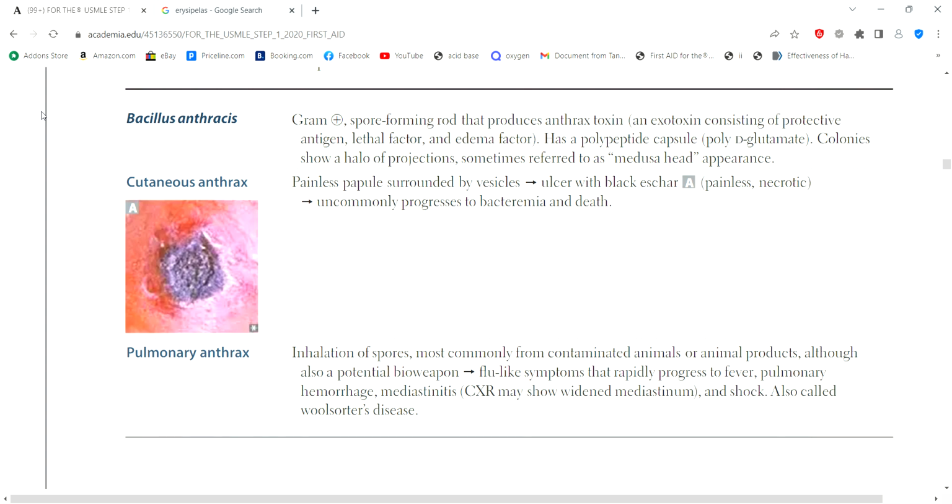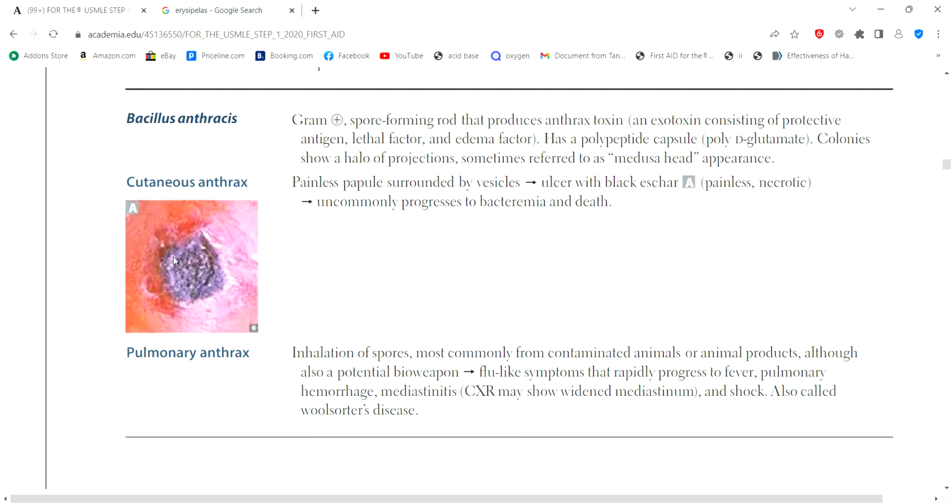Now, the thing with Bacillus anthracis is that the protective antigen has to combine with the lethal factor and edema factor to produce the symptoms. Now, cutaneous anthrax, which is skin anthrax, is a painless papule surrounded by vesicles.